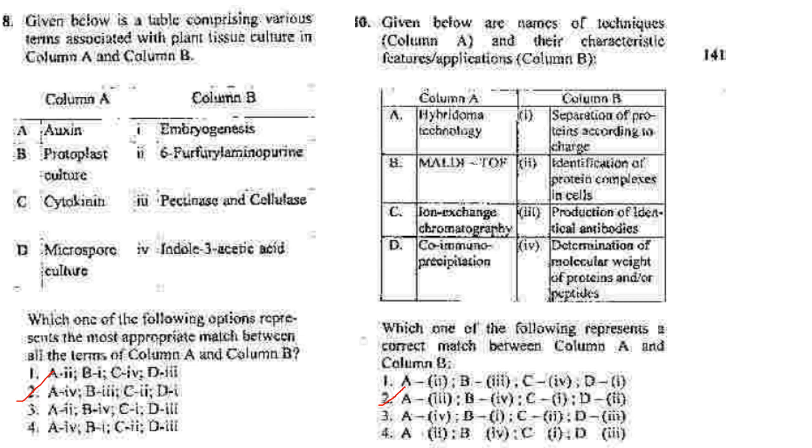MALDI-TOF is for determination of molecular weight of proteins and or peptides. Ion exchange chromatography is separation of proteins based on their charge, and chromatin immunoprecipitation is for identification of protein complexes in cells. So the answer here is option 2, A3, B4, C1 and D2.